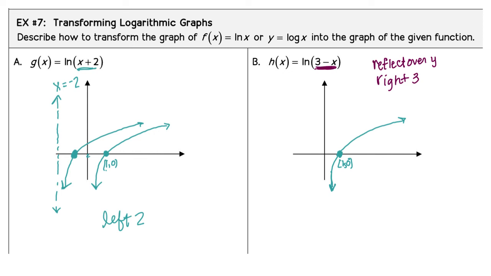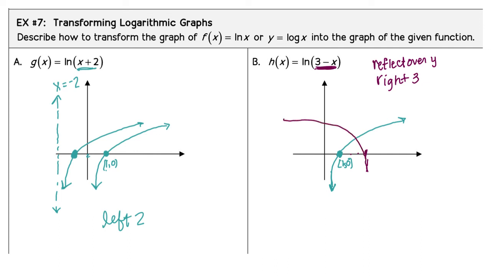So I know I'm reflecting and then I'm moving it right 3. So let's move over 3. So 1, 2, 3. And let's see if we can draw this. This I can't draw so good. Oh, that's too high. Sorry, guys.